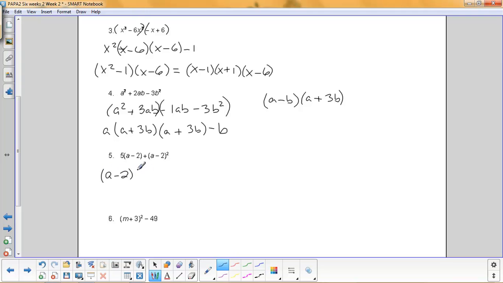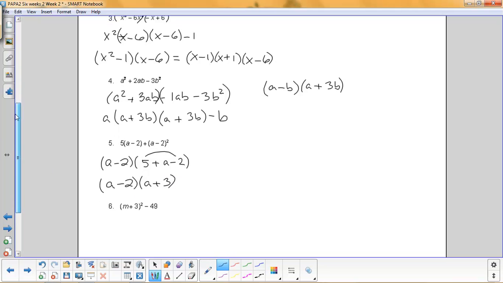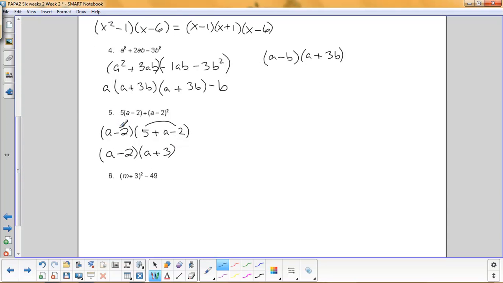Once you factor out an a minus 2, what's left inside is 5 plus a minus 2. Once you combine like terms, you get a minus 2 times a plus 3. That one is tricky, so please look carefully at it, but your greatest common factor is a minus 2.